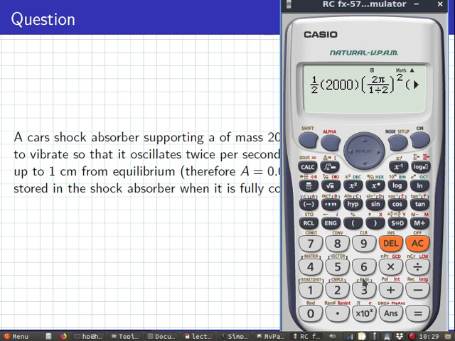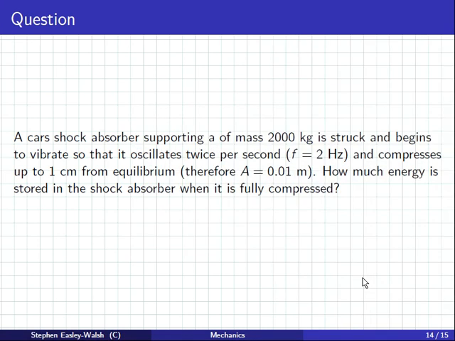Sorry, please, amplitude and displacement. They are the same. In this question, they are. Did you write that one down? Yep. 15 joules of energy is stored in the spring.